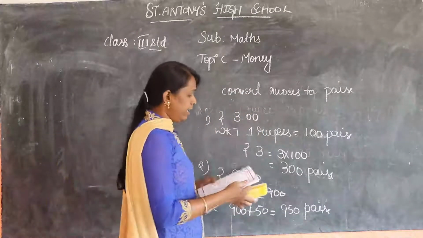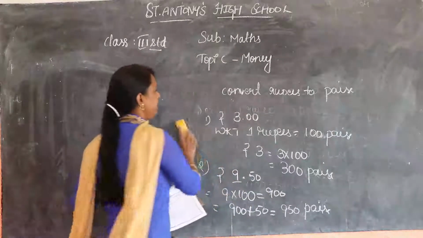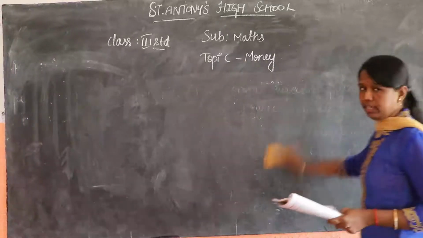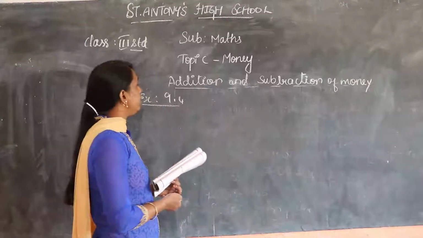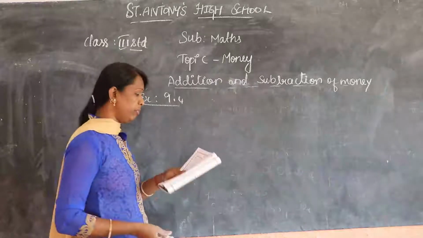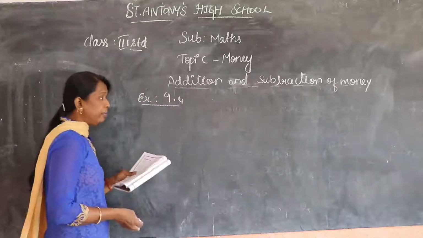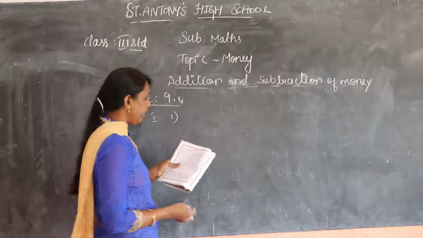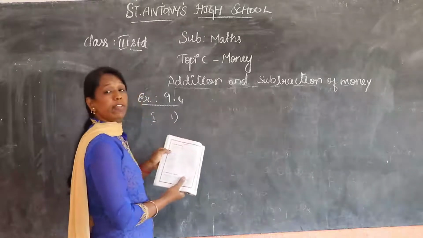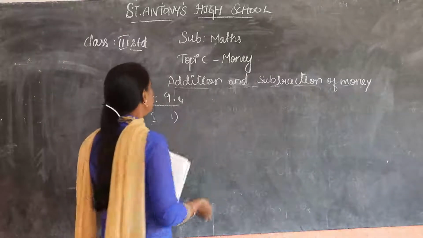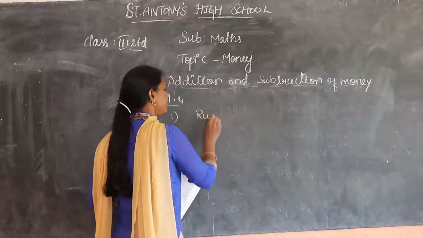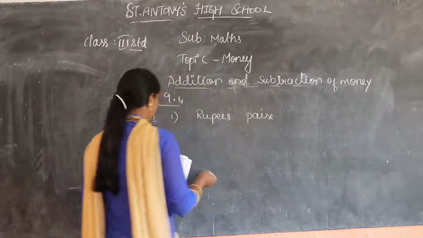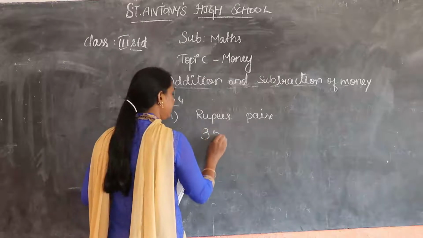Okay, and then addition and subtraction of money. Next main topic is addition and subtraction of money. Children, now we are discussing addition and subtraction of money. From your exercise number 9.4, first one, add the following. Children, they were already given in boxes. So write down first rupees, next paise. Below rupees we have to write 35.